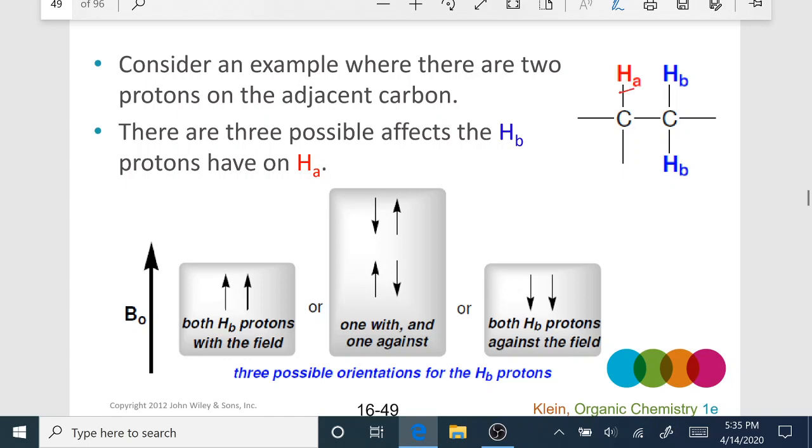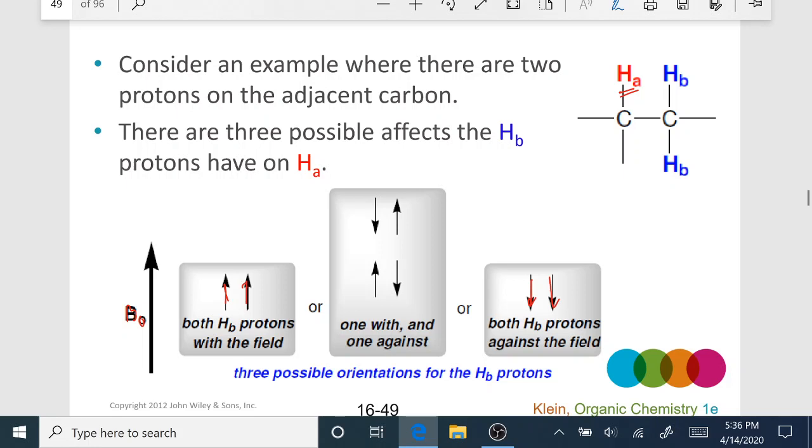Now, if HA has 2 neighbors, in that case, both HB protons could be with the field, okay? Both of them could be against the field, okay? And so that would either add to the external magnetic field, which in this case is denoted as B0, or it could take away from the external field, either de-shielding or shielding it, either taking it downfield or upfield.